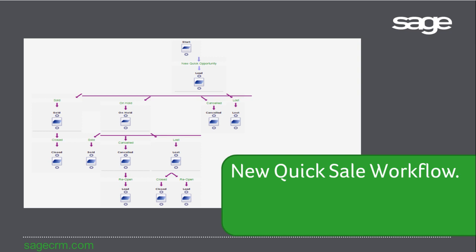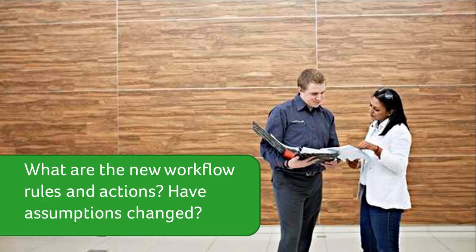But there are other changes, not just the new workflow and not just the entirely new set of workflow states and workflow rules within the system, but there are also new rules and actions added to the existing workflows, or workflow I should say. This is the opportunity workflow that has been changed.